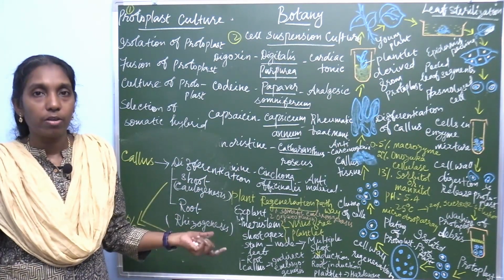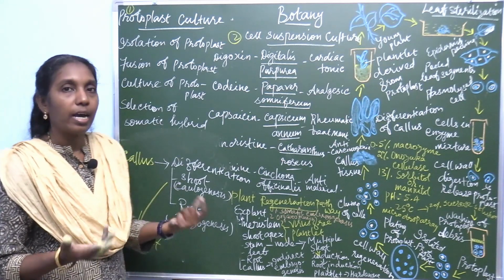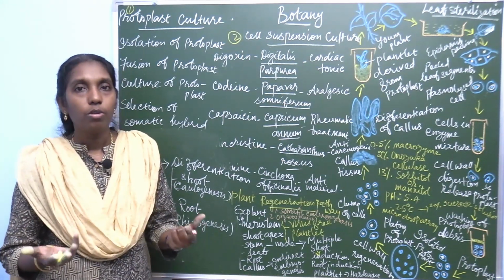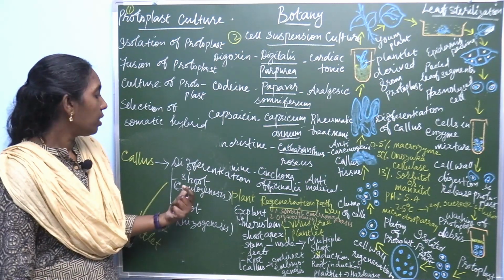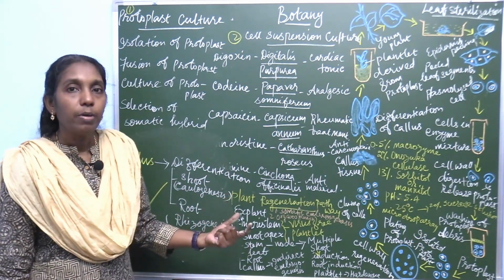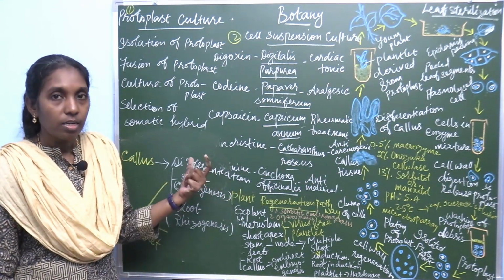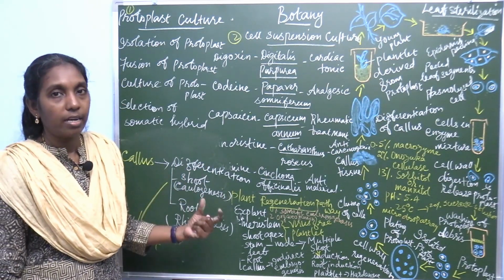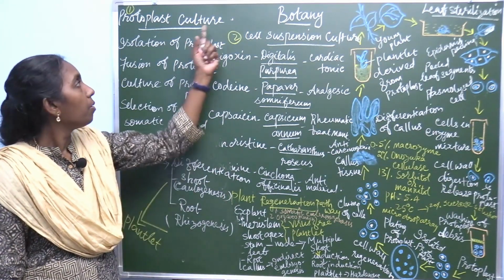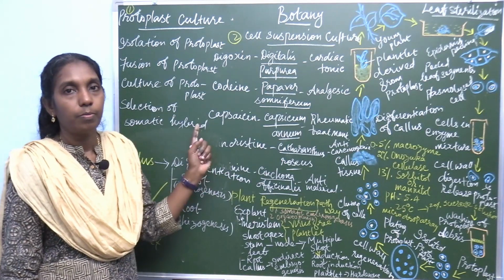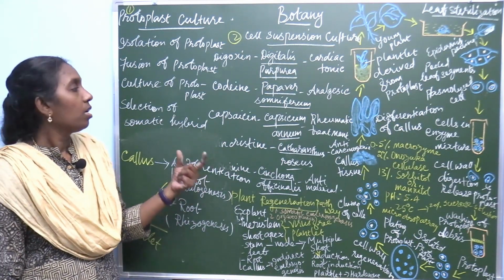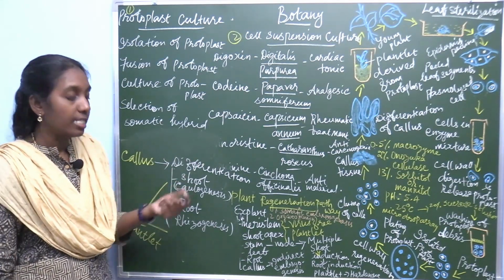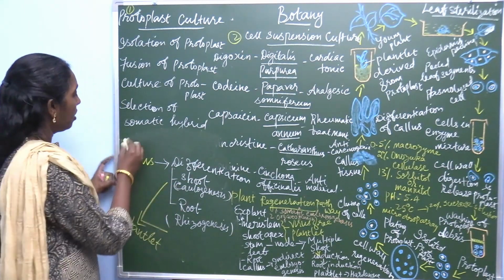There are so many rare plants which cannot grow in the natural environment or normally. So this technique can be used for conserving the plant diversity in this protoplast culture.